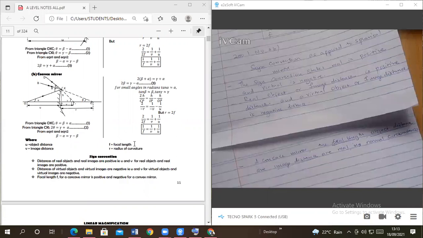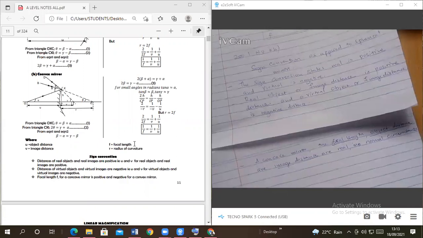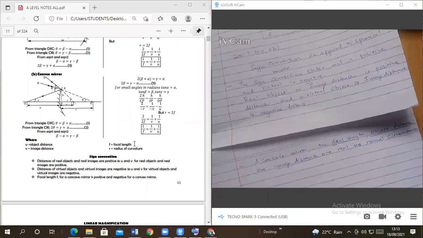At what circumstance do we have the image distance virtual? When the object is placed between what and what? Members, when the object is placed between?